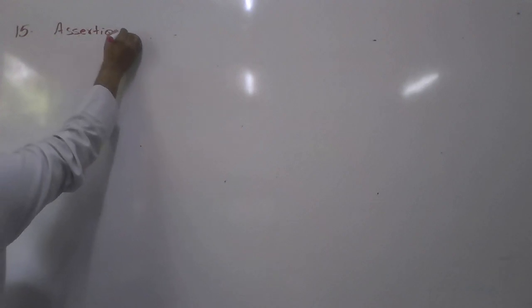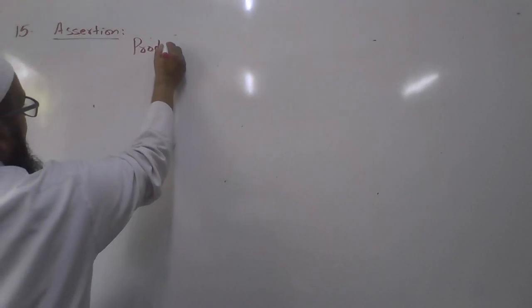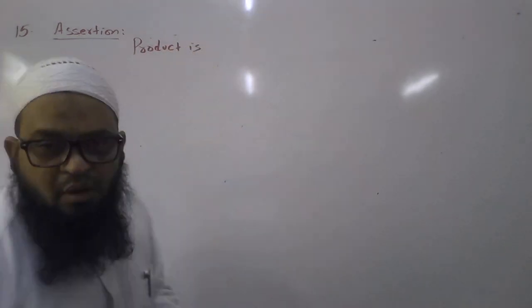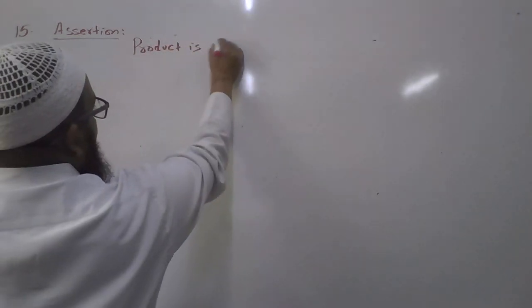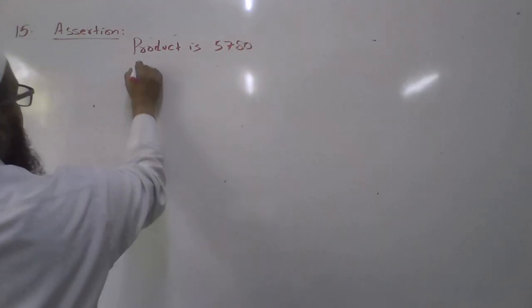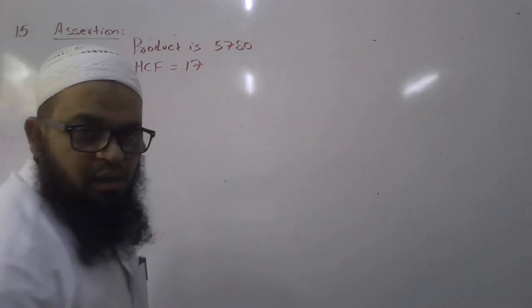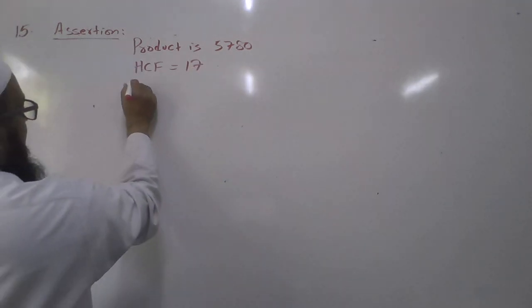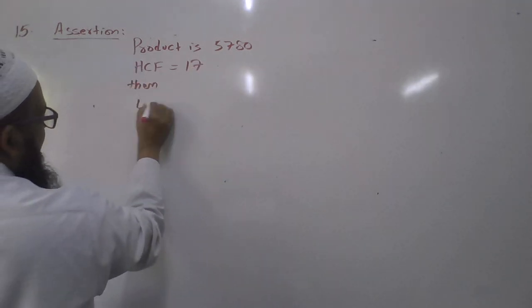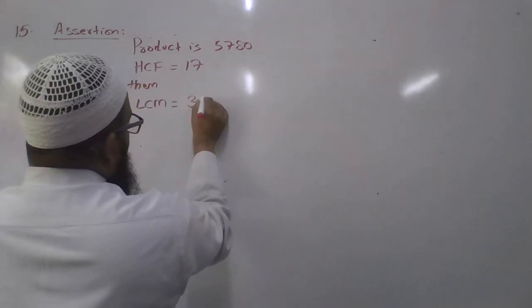What is the first statement? In the assertion he has given the product is 5780, and after that they have given HCF is equal to 17, and then LCM is equal to 340.